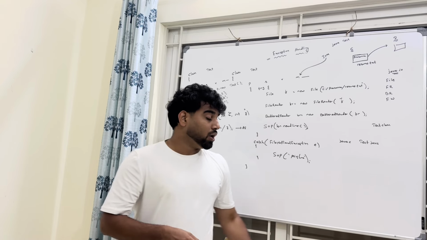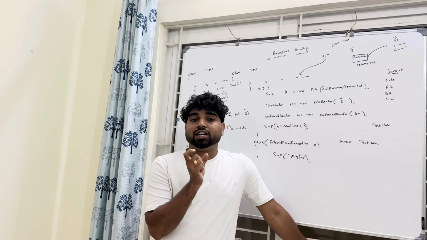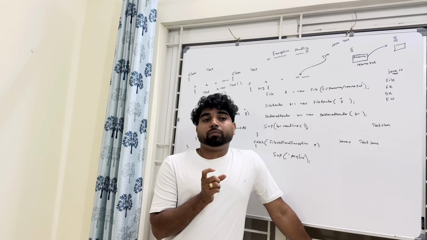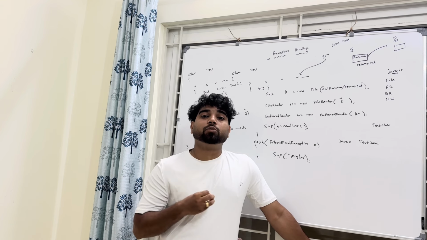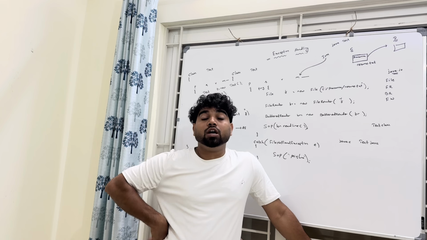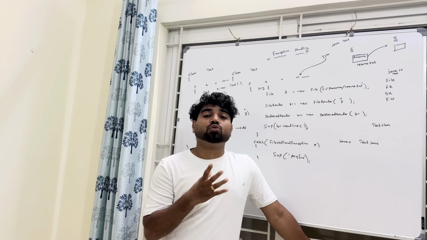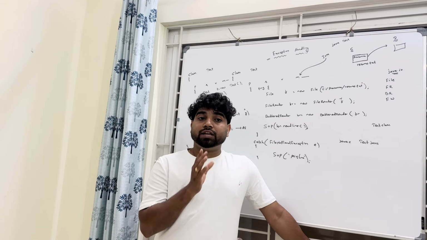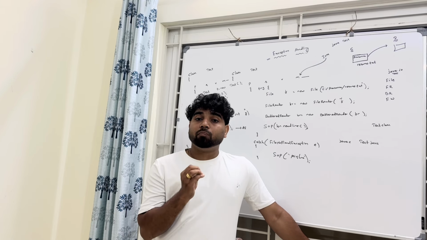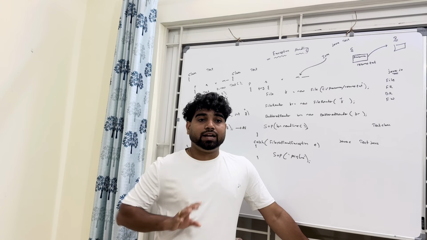So I hope you understood what I mean by checked exception and unchecked exception. A checked exception means the exception which will be checked by the compiler, or the compiler will force you to handle the exception by writing the try and catch block. But in case of an unchecked exception, the compiler will not force you to handle the exception.